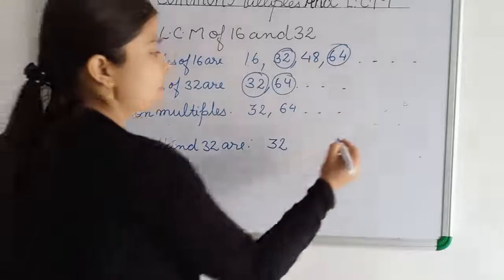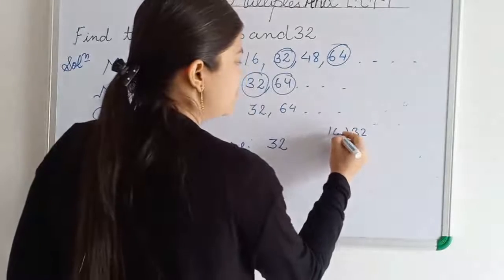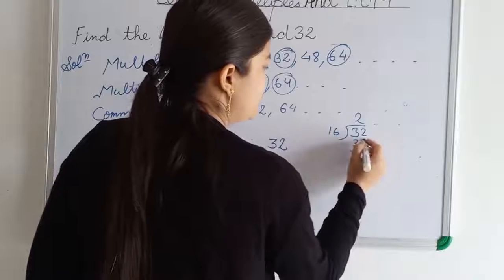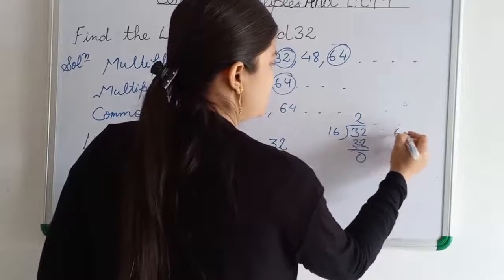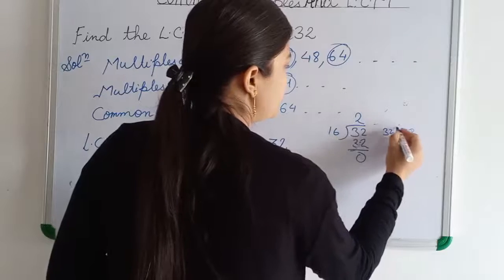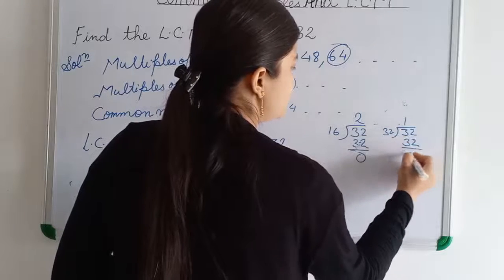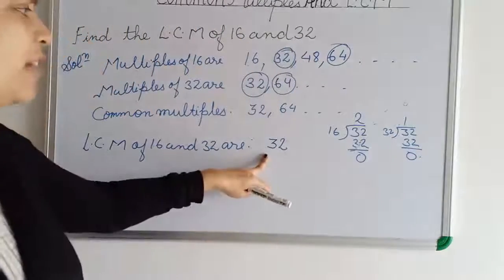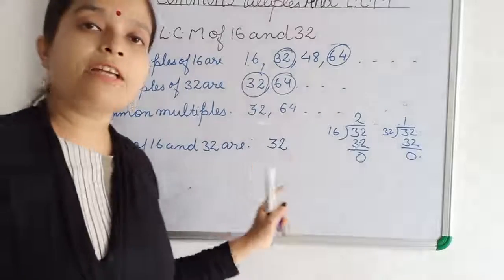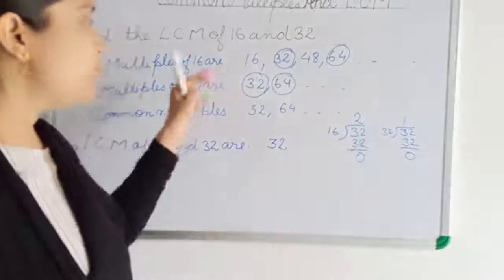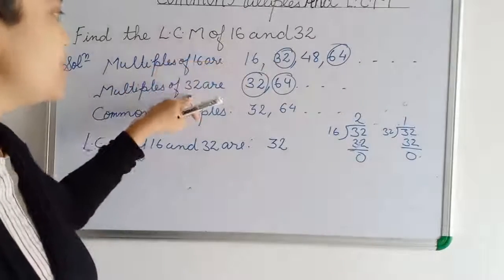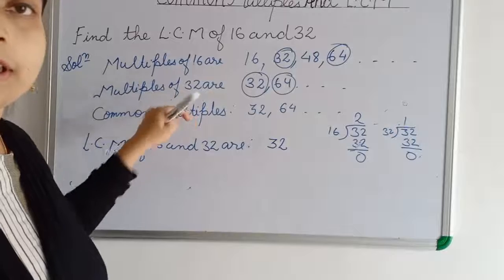You can see here, 32 divided by 16, no remainder, and 32 divided by 32, also no remainder. So it can be divided by both the numbers, and it is the smallest one. Smaller than that, 16 is only divisible by 16. It is not divisible by 32 because 16 is smaller than 32.